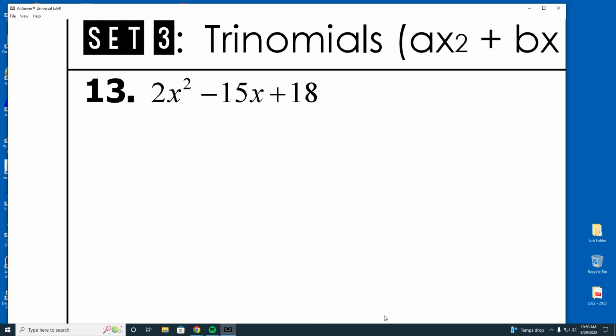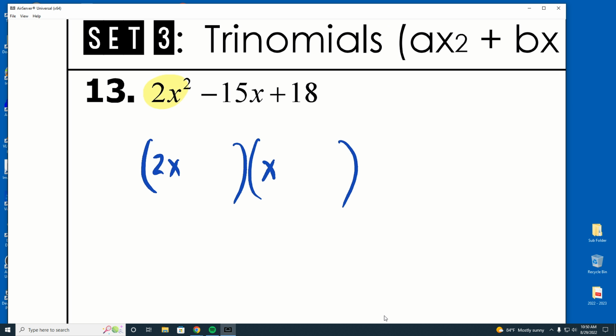It's called the over-under. When you have a coefficient that's not 1, the reason you can't do it as quickly as what we've already done is because what multiplies to get that 2x squared? It's 2x and x.